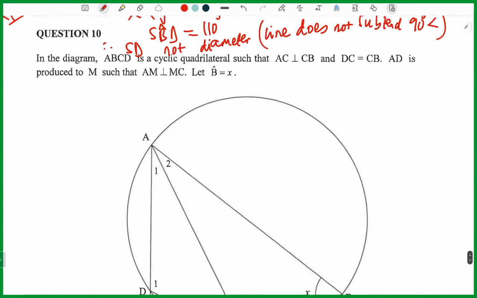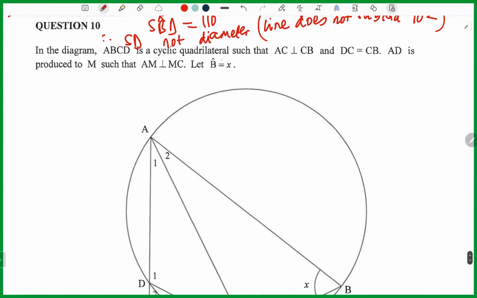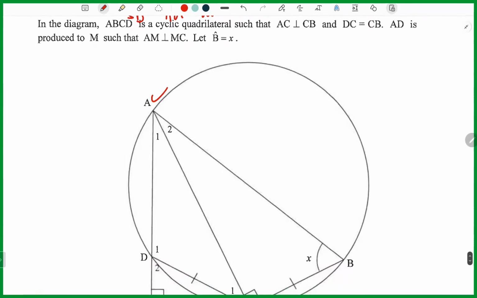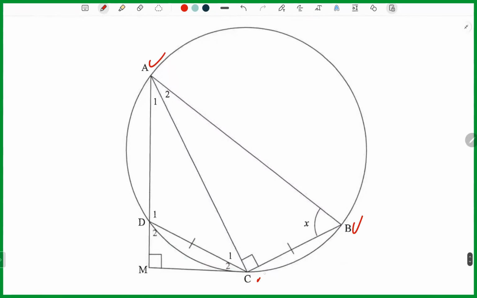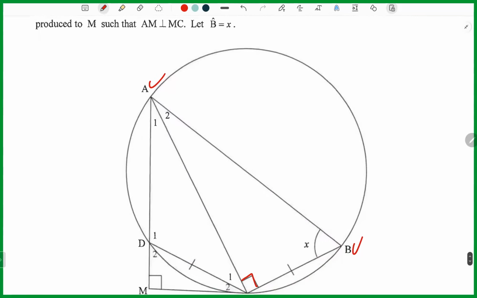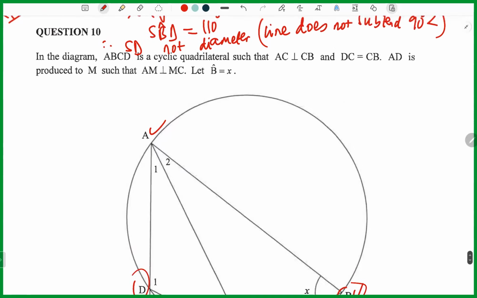Right, here is one more question, question 10. In the diagram, ABCD is a quadrilateral such that AC is perpendicular to CB. So here is AC perpendicular to CB. And DC is equal to CB.